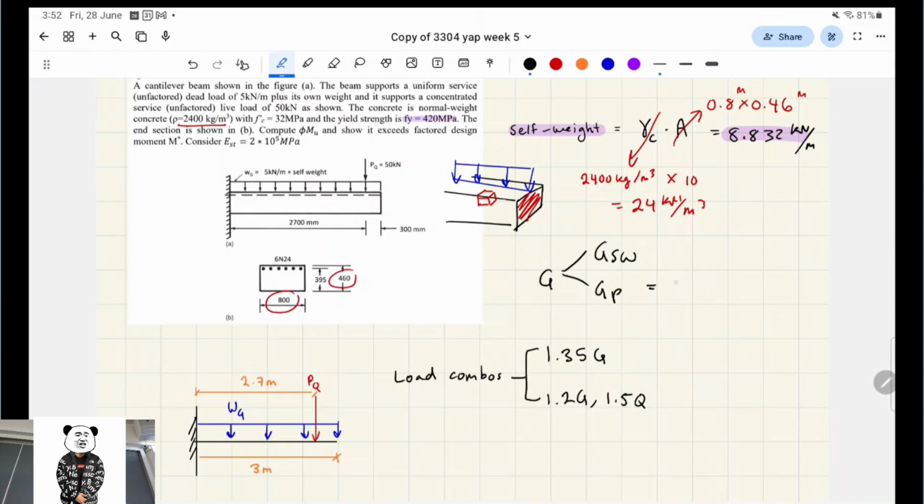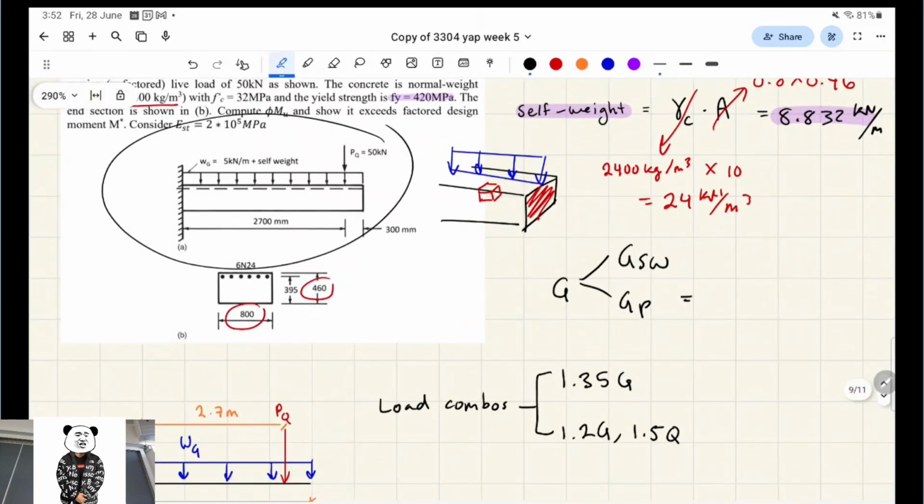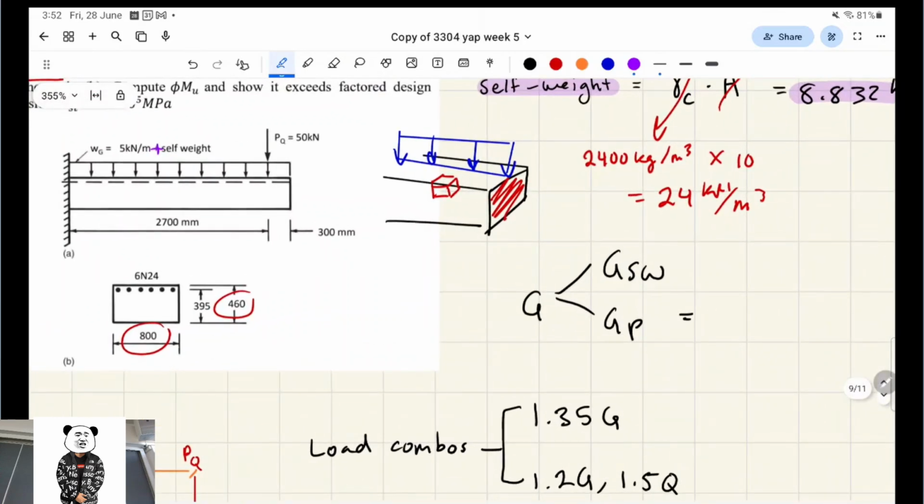So what is GP based on the question that we were given here? The one on the far side. P something 50. That's PQ. Oh, I can't read. Yep, it's this. It's 5 plus.